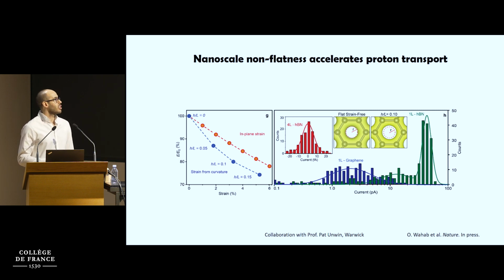And if you look at the energy barriers for proton transport, this strain, which is typically of the order of a few percent, has a significant impact on the energy barrier of about 10 to 20%. And because proton transport depends exponentially on the energy barrier, these reductions can be significant, and that is why these wrinkles accelerate proton transport.